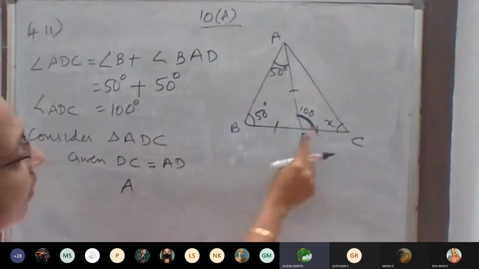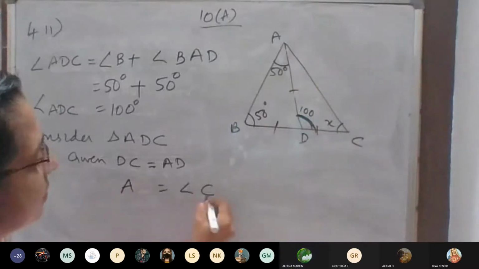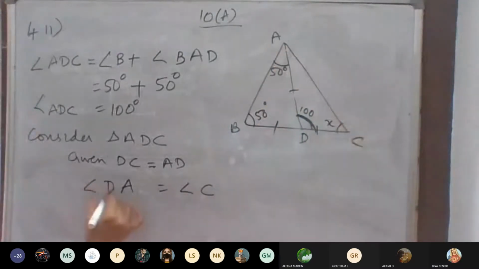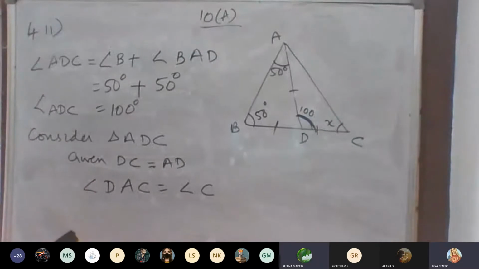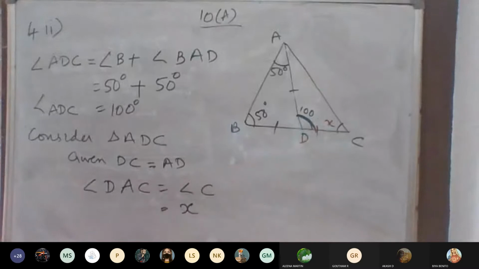AD means angle DAC. Angle DAC will be equal to angle ACD. That is X. So we can replace it as X.